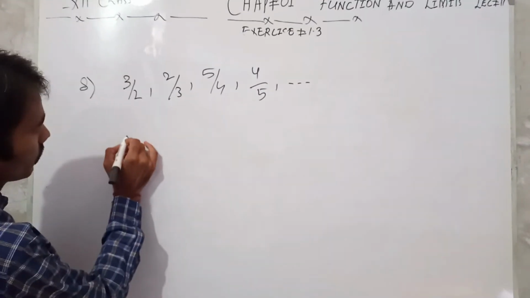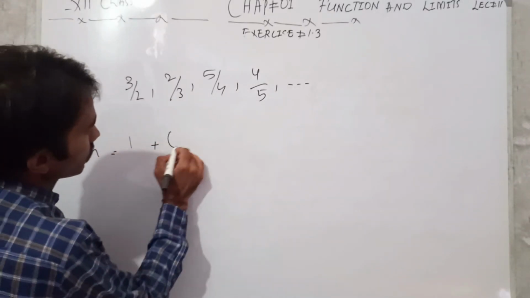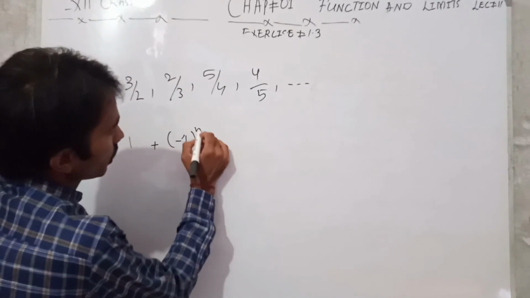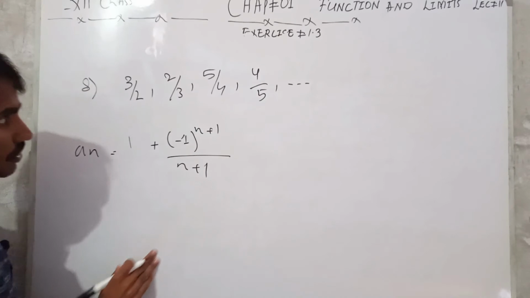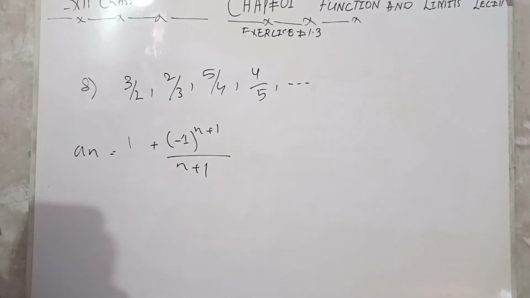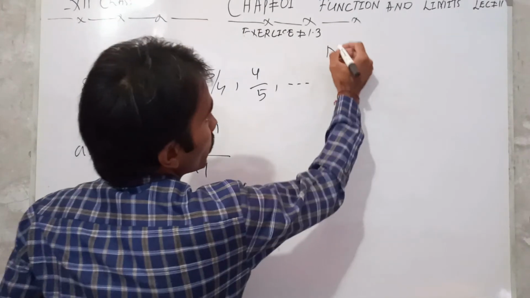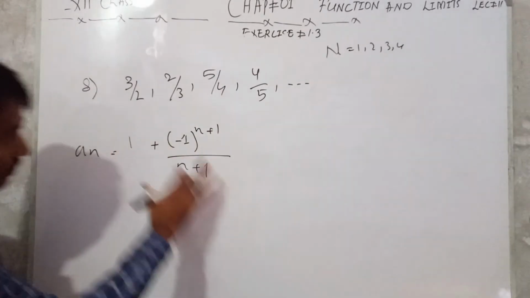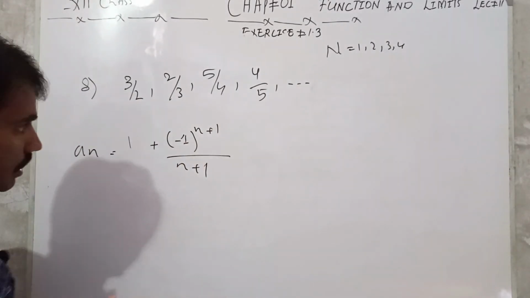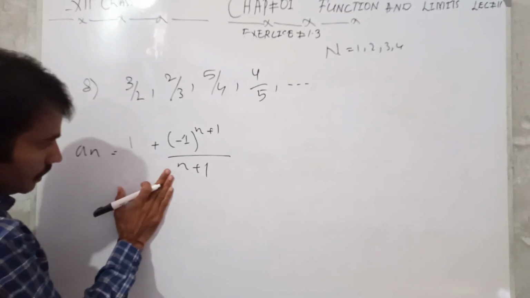When we find it, the general term will be 1 plus minus 1 to the power n plus 1, divided by n plus 1. Now you put the values n equal to 1, 2, 3, then you get the first term, second term, and so on. This is the general term.